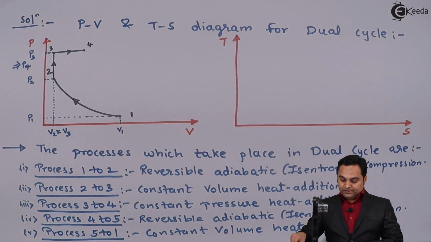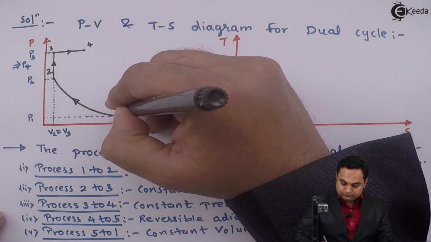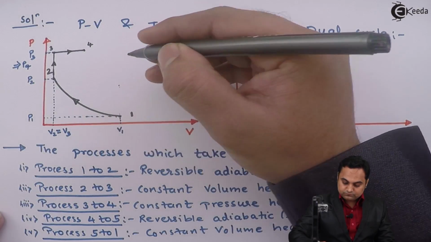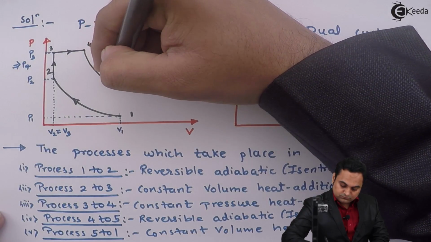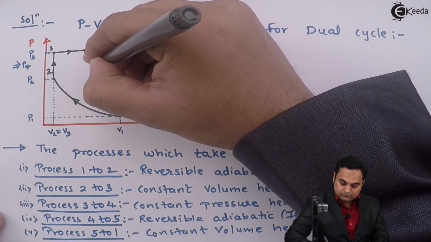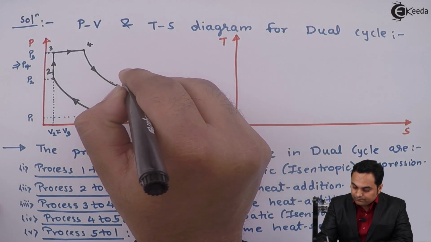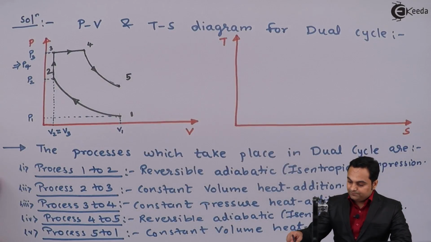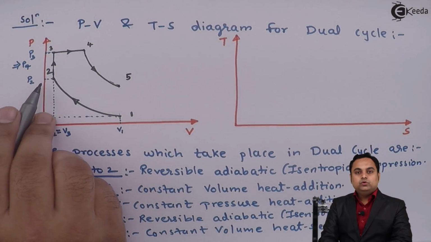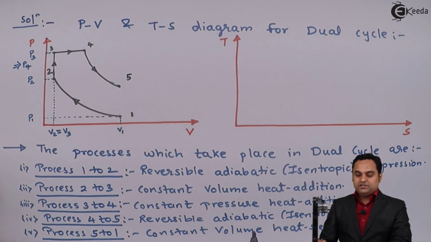After that, it is reversible adiabatic, or we can say isentropic expansion. So here we are having the reversible adiabatic or isentropic expansion, wherein, like it was during process 1 to 2, an isentropic compression process, during 4 to 5 it is isentropic expansion process.